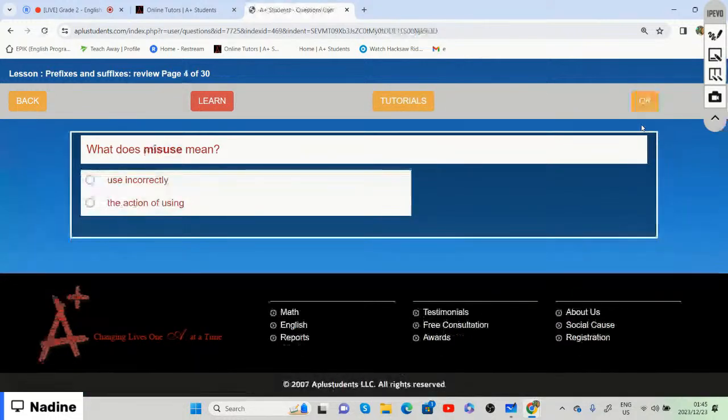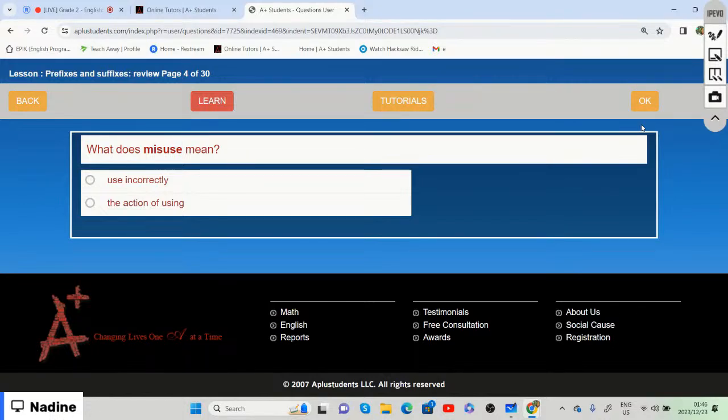So what does misuse mean? Misuse. Remember, pre means before. Re means again. So is misuse to use incorrectly, or the action of using? Misuse. It's like asking yourself, what is miss?